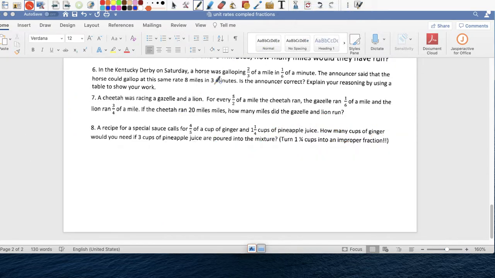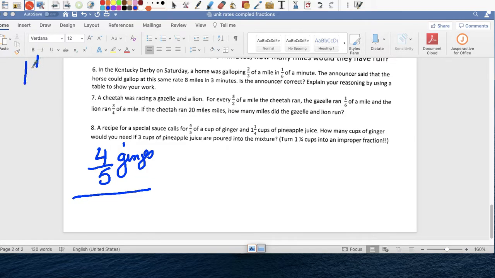Last question. A recipe calls for special sauce for 4/5 cup of ginger and 1 1/4 cups of pineapple juice. How many cups of ginger do you need if you use 3 cups of pineapple juice? All right. So 4/5 ginger. We're going to use 1 1/4.